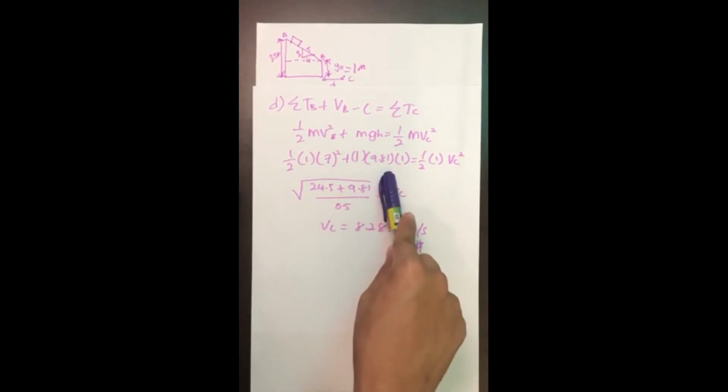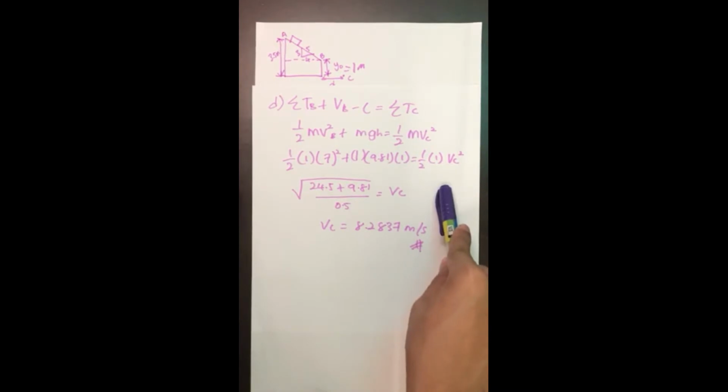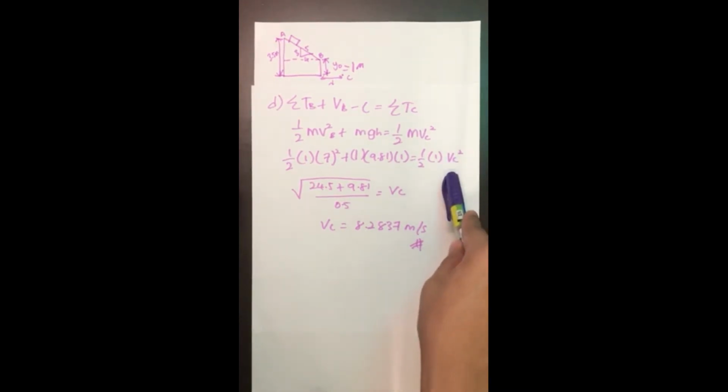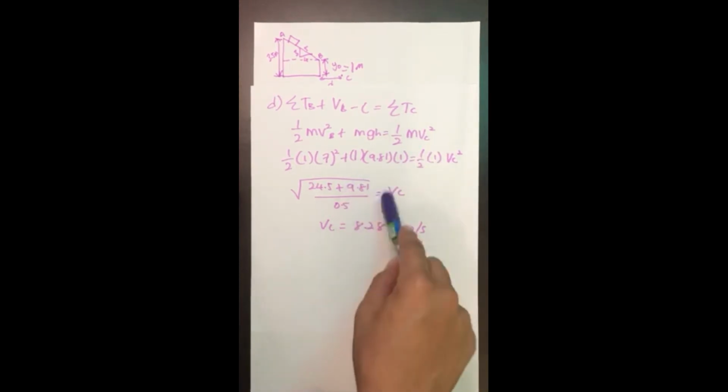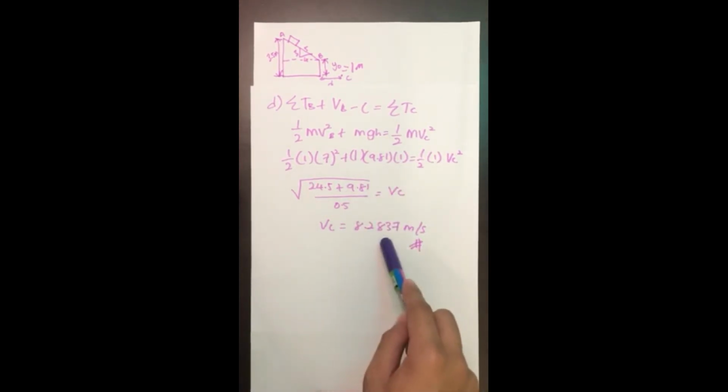And this is the kinetic energy, the potential energy, and this one is the kinetic energy with VC, the speed at point C that we want to find. We calculate it and we get the answer, which is 8.2837 meters per second.